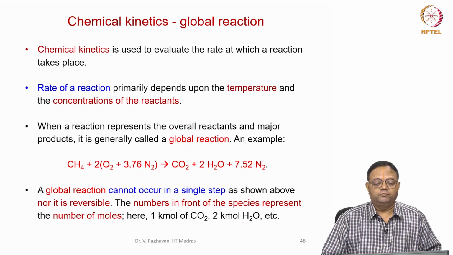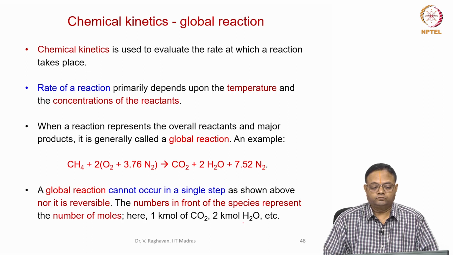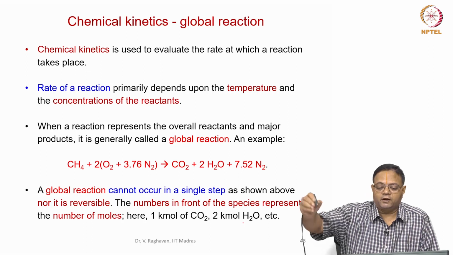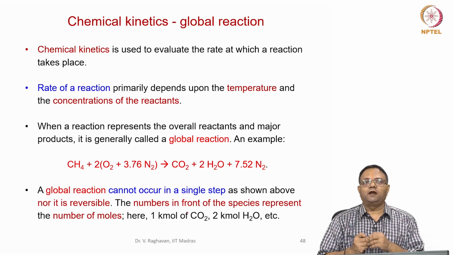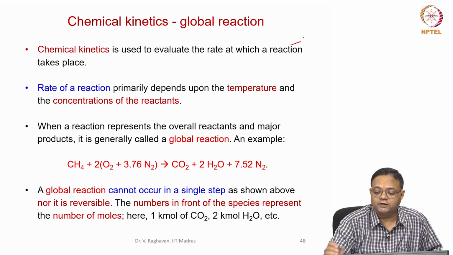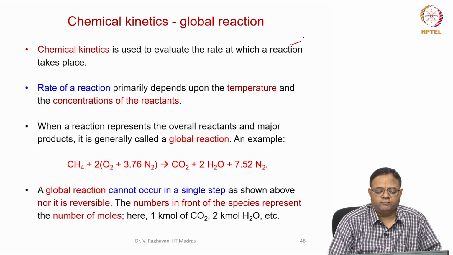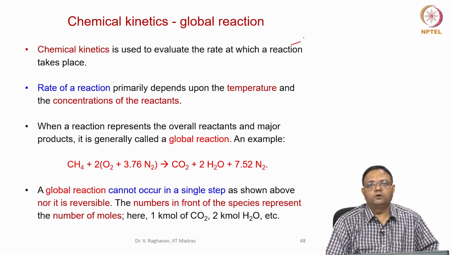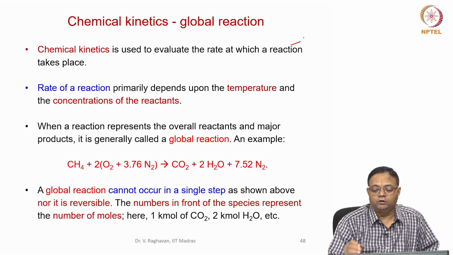Now, let us see some basics of chemical kinetics. In chemical kinetics, what we try to do is evaluate the rate at which a reaction takes place. When there is a given amount of fuel and oxidizer, the rate of the reaction depends upon two things.